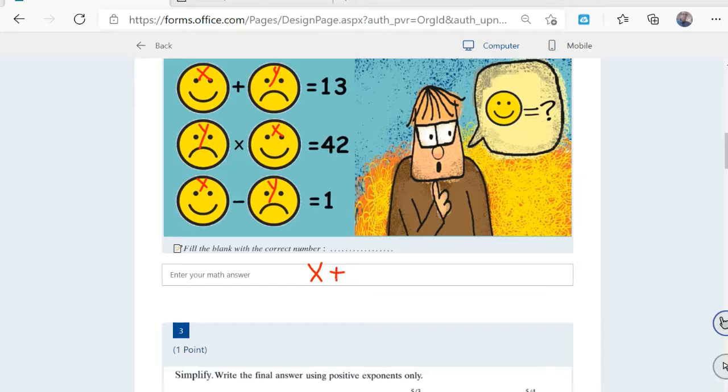X plus y equals 13. Y times x equals 42. And x minus y equals 1. You have 3 equations, but you just have 2 variables. You have too many equations. Usually you just need 2 equations to find the answer. So maybe we can erase one of the equations and select the 2 equations that make more sense to work with.